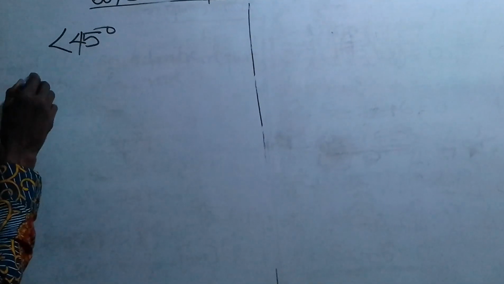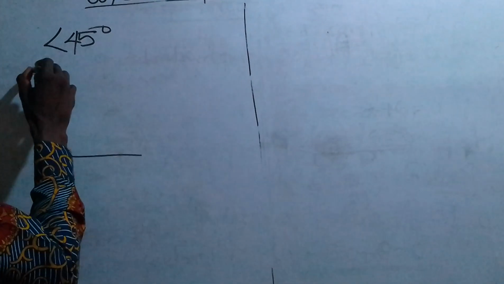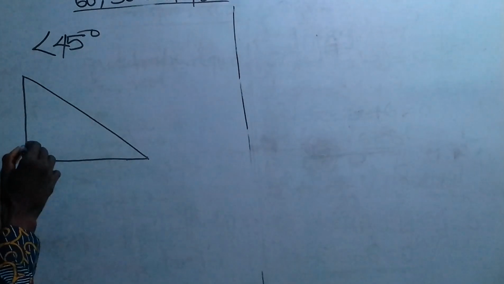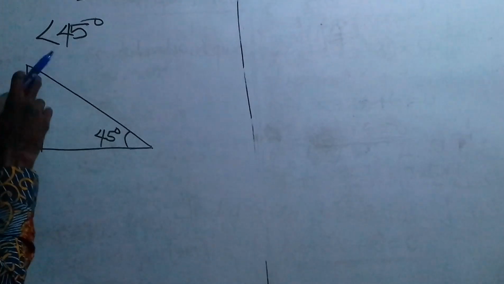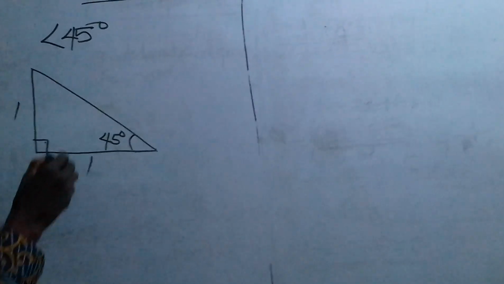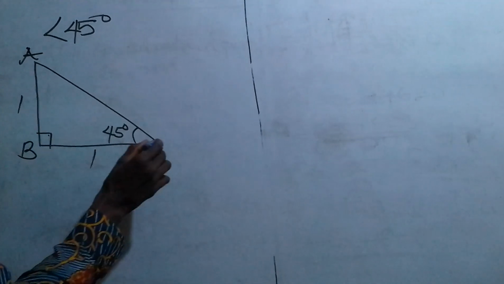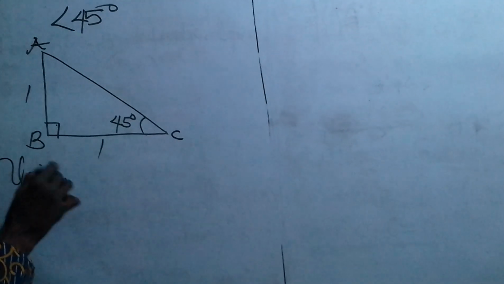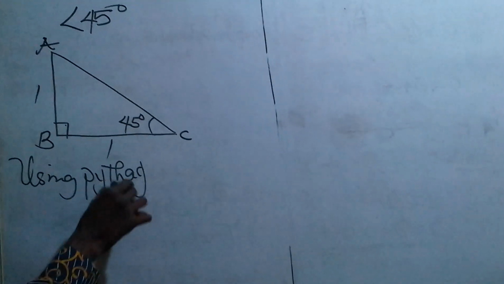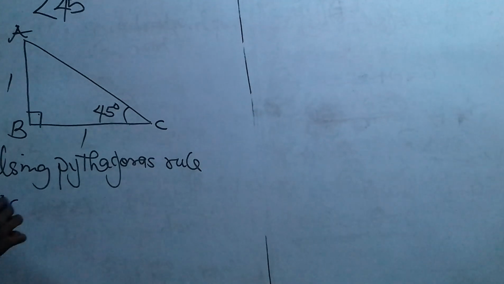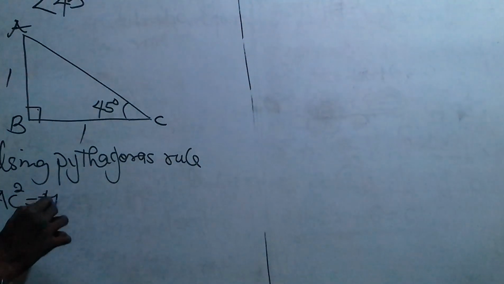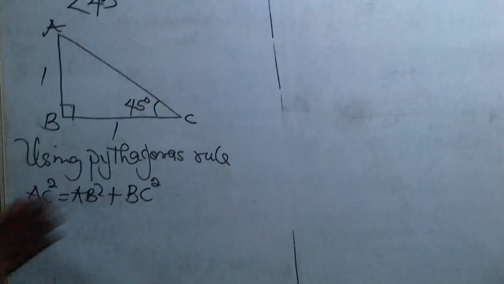So let's talk about angle 45 degrees. In a right angle triangle, here is 90, here is 45 degrees, here is another 45 degrees, here is 1, here is 1. Let me call them A, B, C. So using Pythagoras rule, which says that the hypotenuse, which is AC square, is equal to AB square plus BC square.